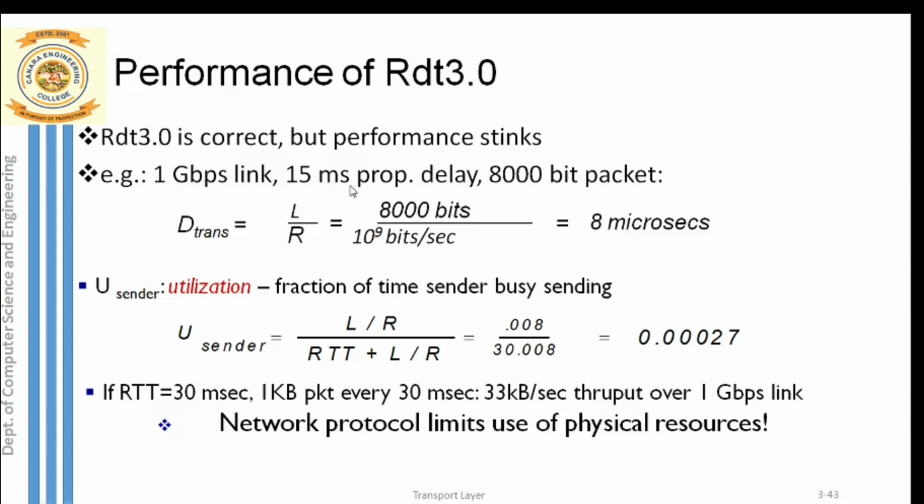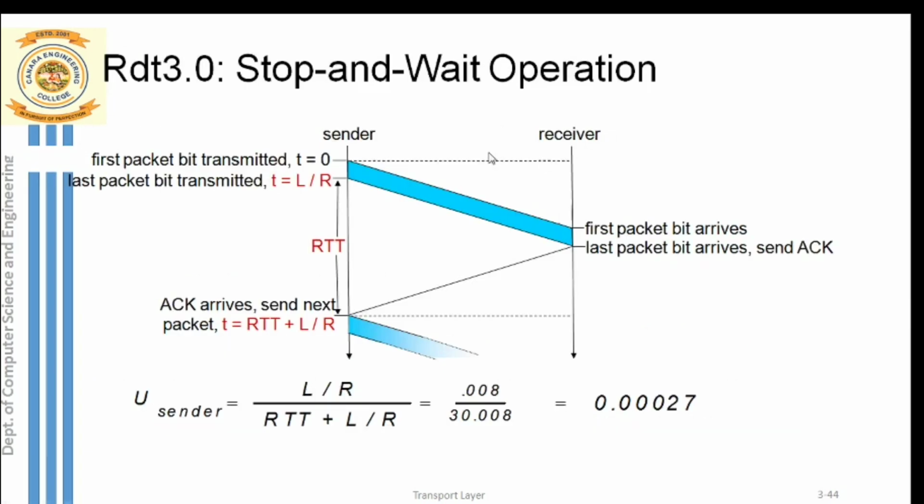You can see here the link capacity we have taken as 1 gigabits per second, and here you also have some amount of delay. So what is this delay? It is 15 milliseconds. What is the meaning of delay? It is nothing but the time taken by the packet to travel from sender to receiver over the link, which is 15 milliseconds. It is just a one-way journey from sender to receiver.